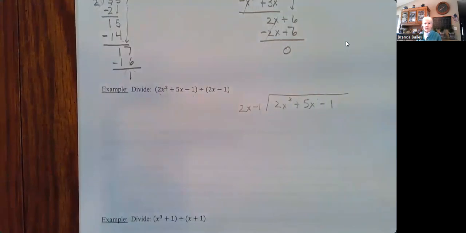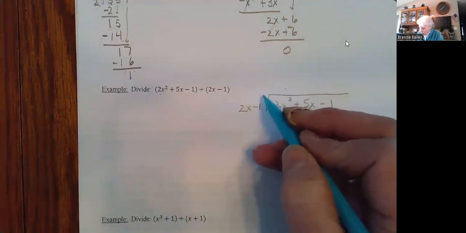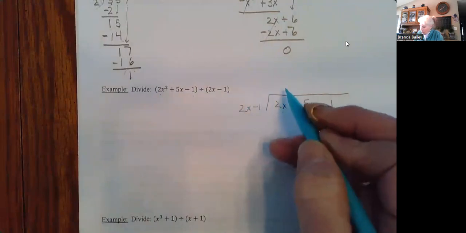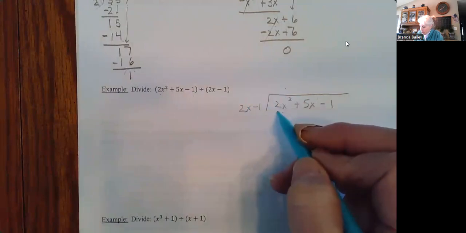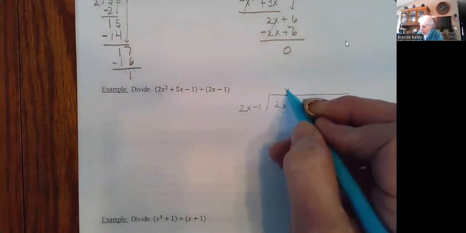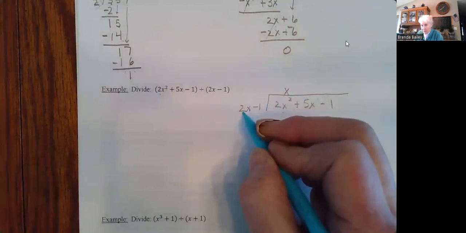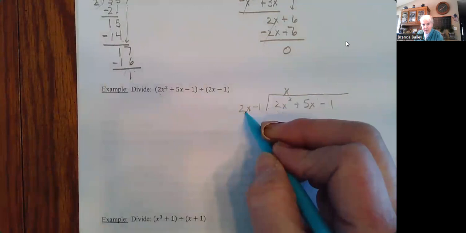No power. Let's start. What times 2x gives me 2x squared? Well, we've already got the 2. We just need another x. X times 2x, because when you multiply, you add the exponents.